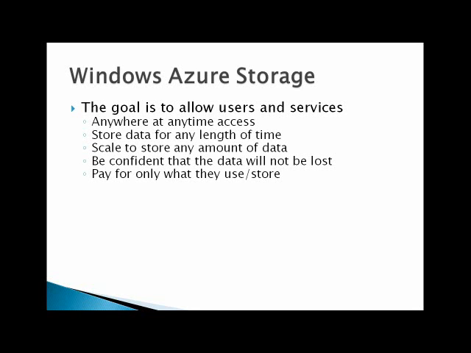The fifth thing is pay for only what you use and store. So at this point there's been no pricing announced for Azure, but the idea behind this is that when you do have a local network with a lot of servers, you have fixed costs that you really can't change, even though you might not be using all that power. With cloud computing, you have variable pay.